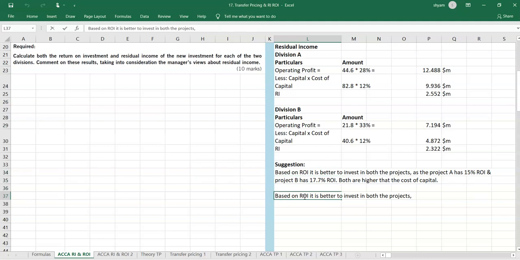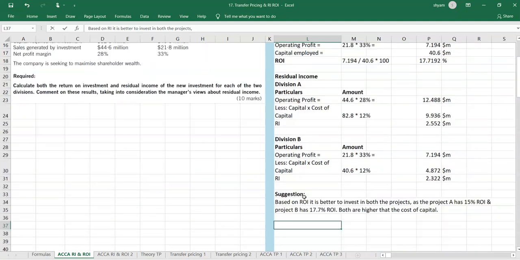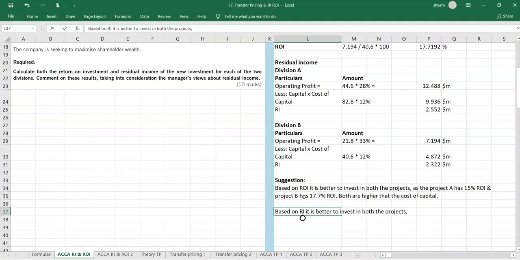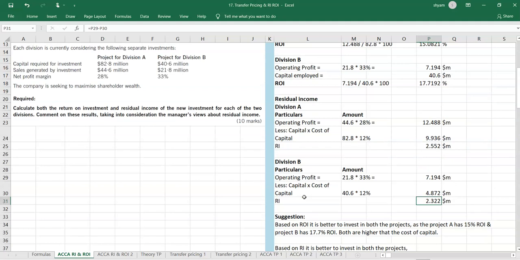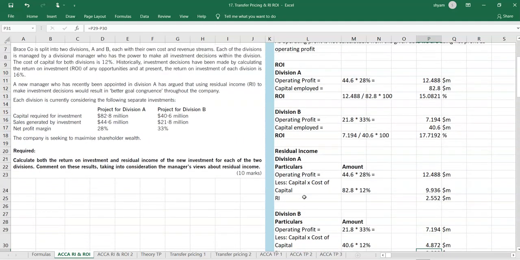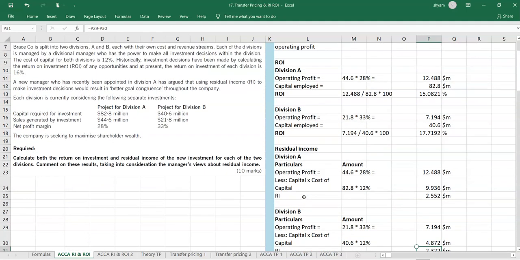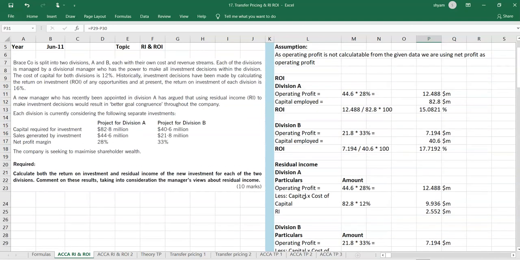based on RI, which one should we invest in? In terms of RI, division A project is much better because it gives you 2.522, and B is also better because both of them are giving you a higher figure. The question doesn't say which one to invest in, or that they don't have money or anything.